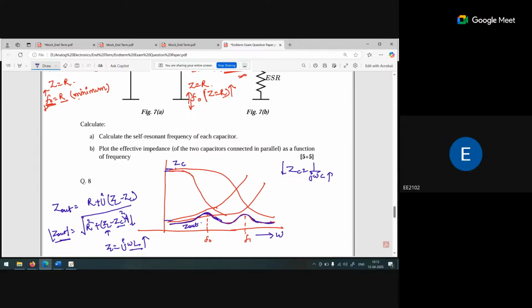Sir, when ZC is infinity, Z out is 0? No, this is not a Z out. This is the effective impedance. This Z out is not 0.